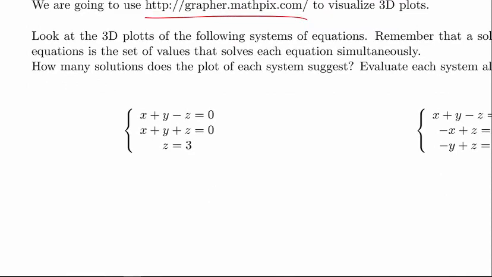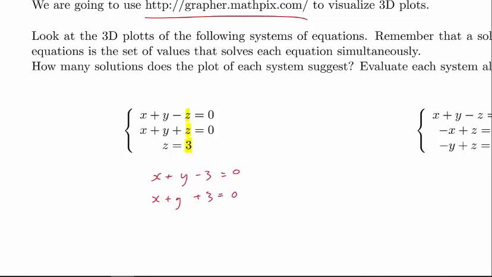So we're going to use a substitution here. As you can see, z equals 3, so we're just going to plug that value in these other two equations so that we have x plus y minus 3, and we've got x plus y plus 3, right?